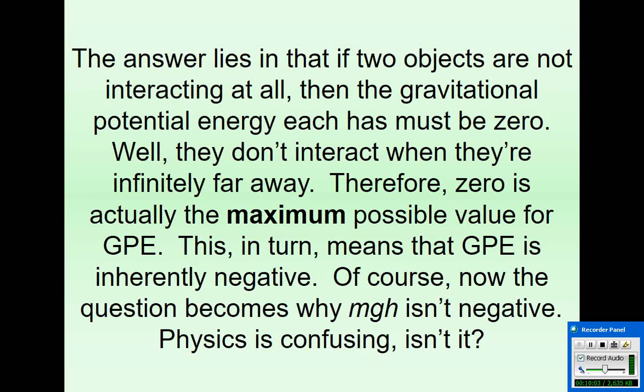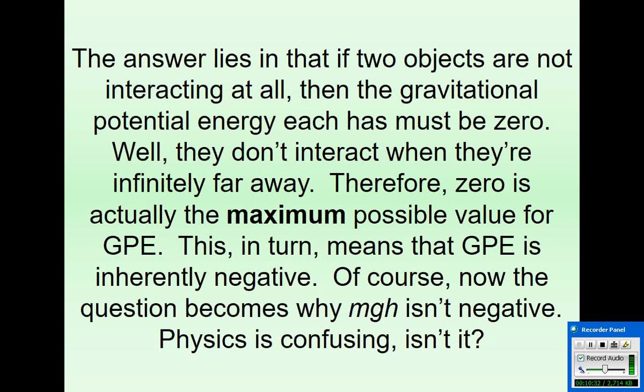Let's now consider two masses that are close together. If I were to come along and take those two masses and push them apart until they were infinitely far away, because of the attraction between the masses, I have to expend energy. I have to put work into this to get them infinitely far apart. By doing work on these two, I'm adding energy to the system.